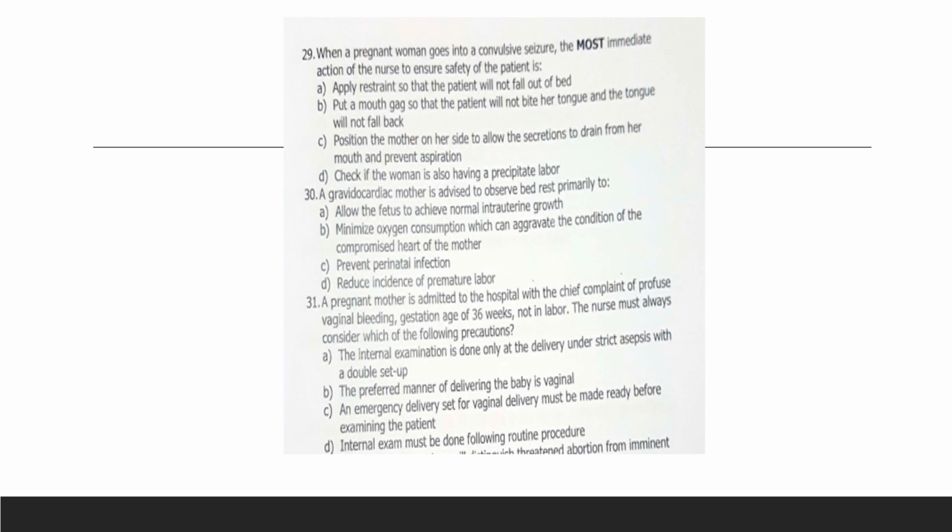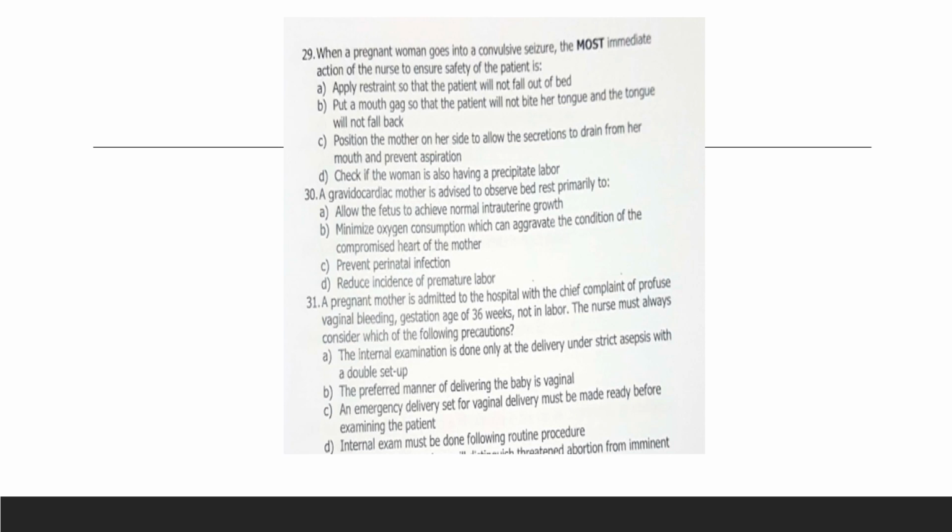Okay. 30. A gravidocardiac mother is advised to observe bed rest primarily to, 30, the answer is B. Okay, minimize oxygen consumption, which can aggravate the condition of the compromised heart of the mother.